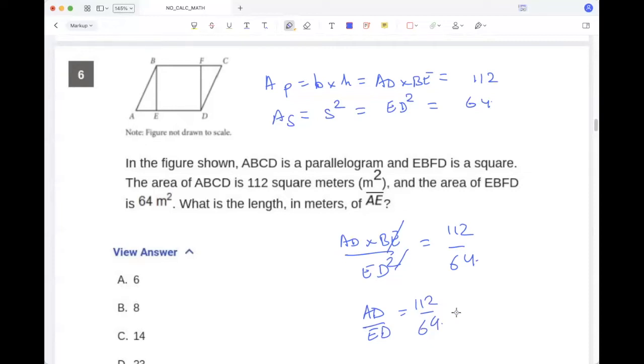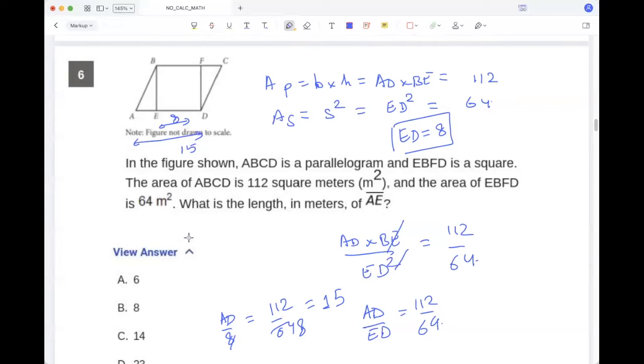I can actually find ED from this equation. ED is 8 because ED squared is 64. So if I put ED as 8, then I get AD by 8 is 112 by 64. And that tells me, yes, so AD is 15. So AD is 15 and ED is 8. So AE has to be 7.